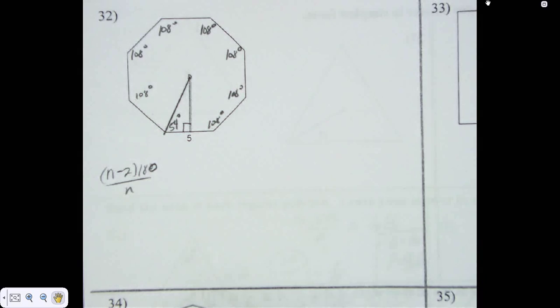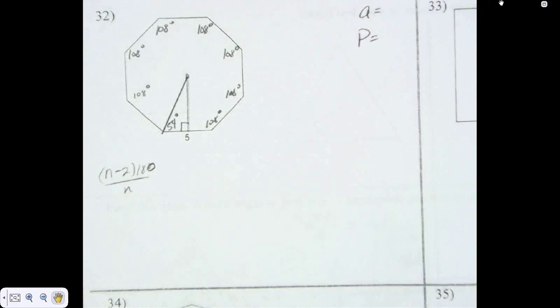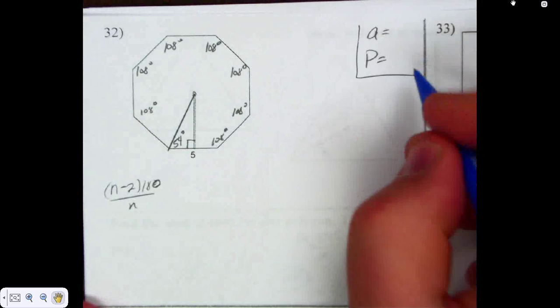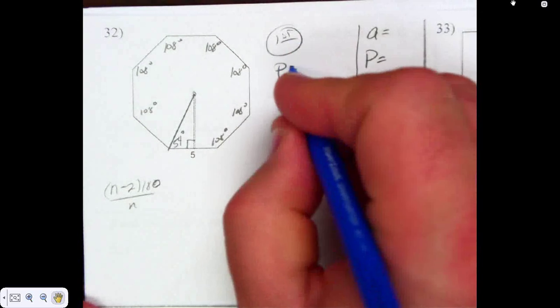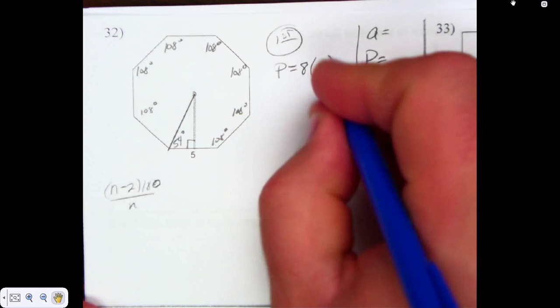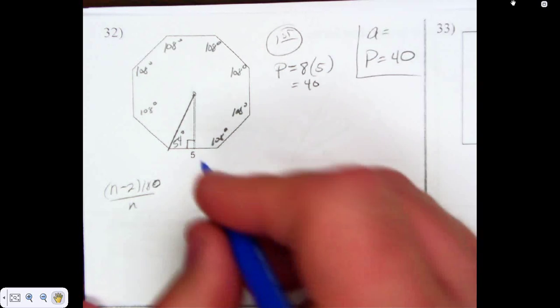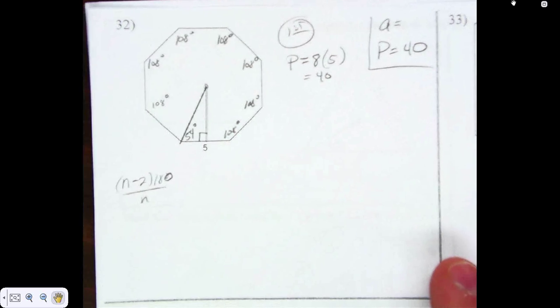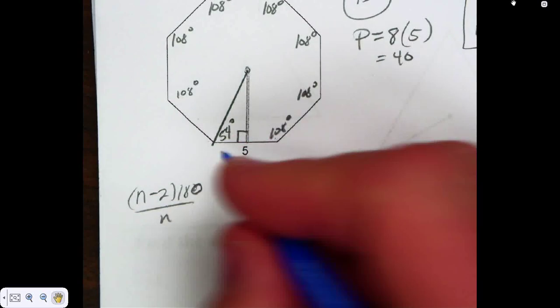Okay, now here's the nice thing. Do I already know my perimeter here? How many sides are there? 8, so what is each side? 500? So what's the perimeter? So, zooming in here, what's that make this side right here? 2.5.